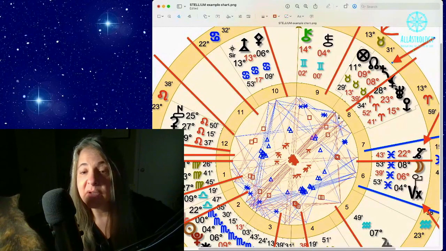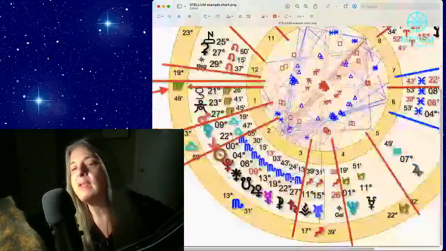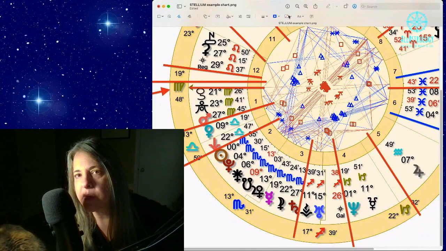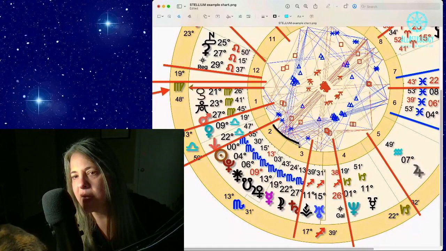And then opposite of it, you also have that intensification. And that is Scorpio. I saved for last because that is the focus right now, is the Scorpio energy. It is the most obvious. It's huge. It takes up 2 houses in this person's chart.